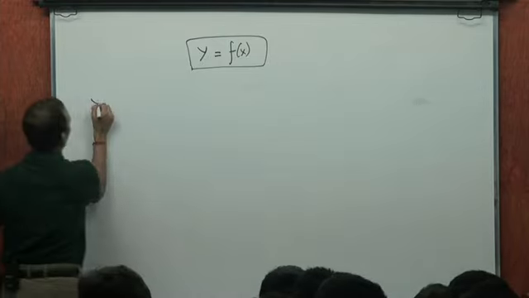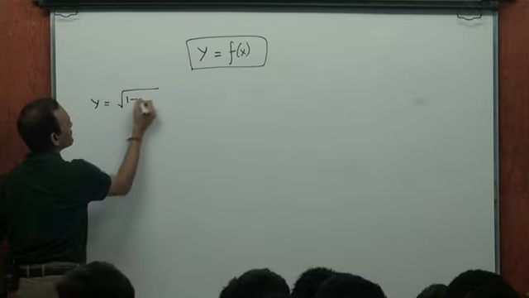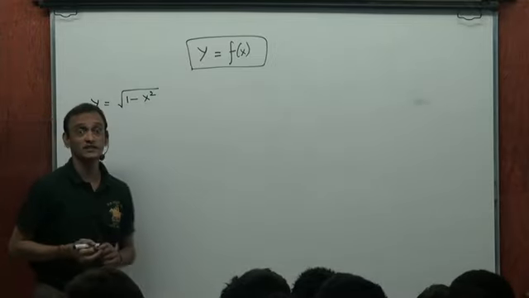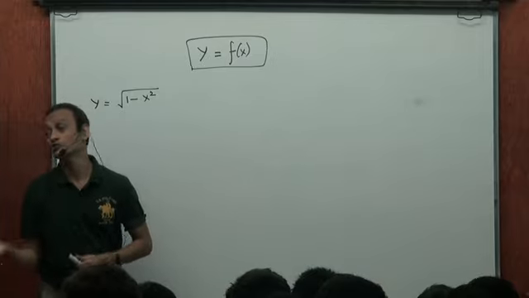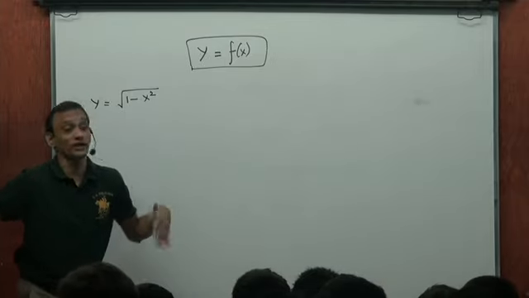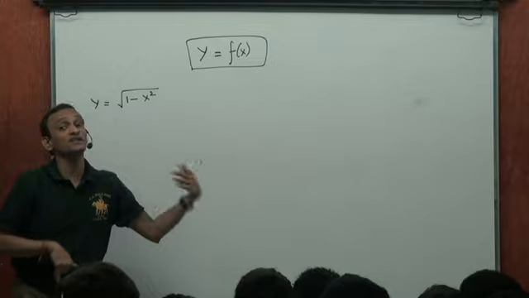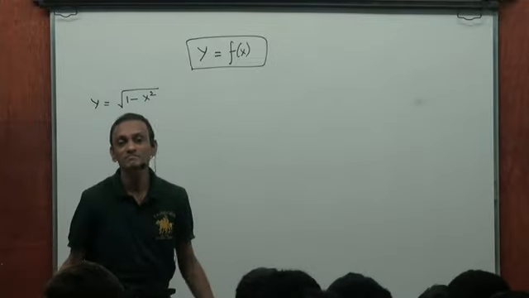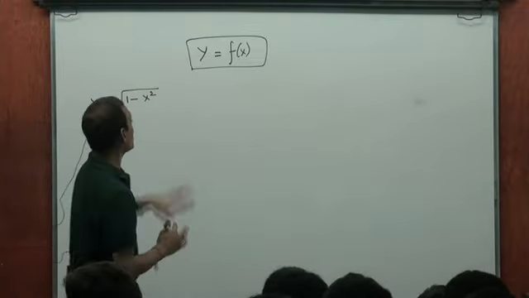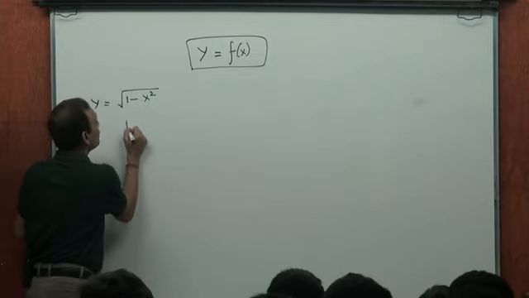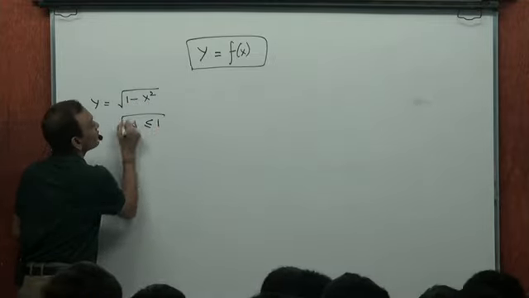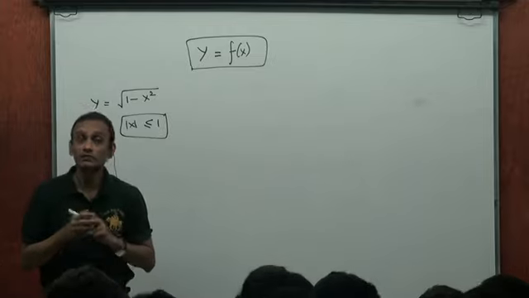If I had y equal to root of 1 minus x squared, then I know that it's defined for x lying between -1 and +1. That means no part of the curve exists to the right of x equal to 1. No part of this curve will exist to the left of x equal to -1, right? Therefore, this curve would be investigated only for mod x less than or equal to 1, right?